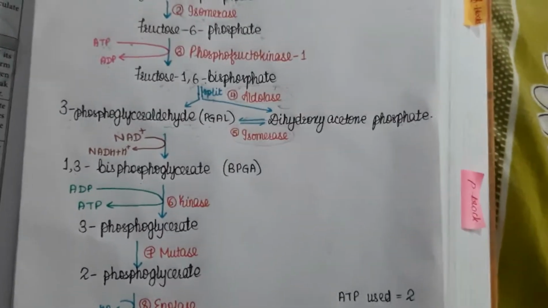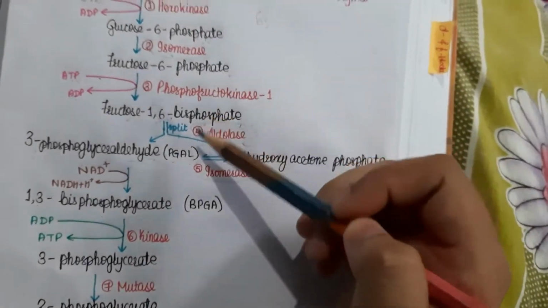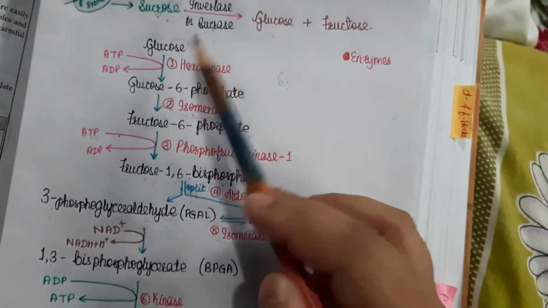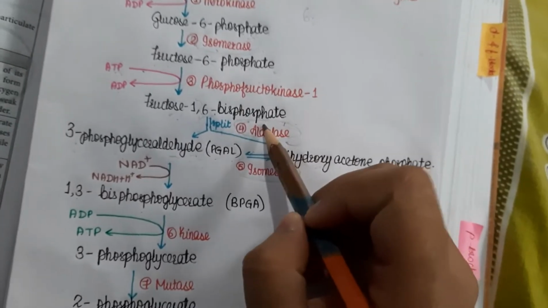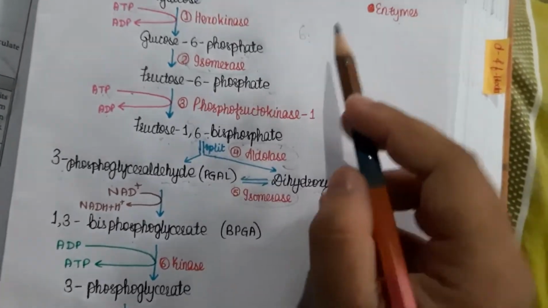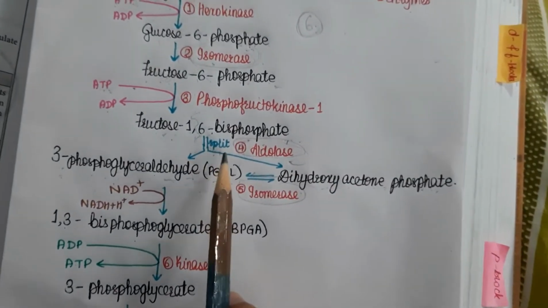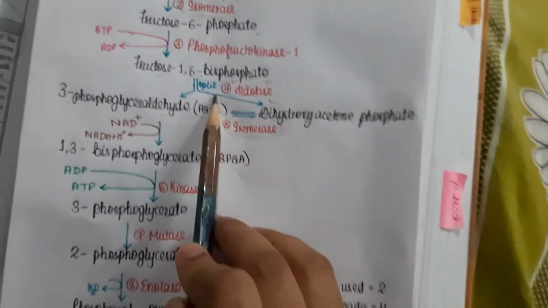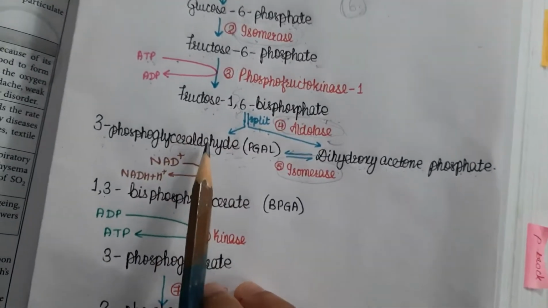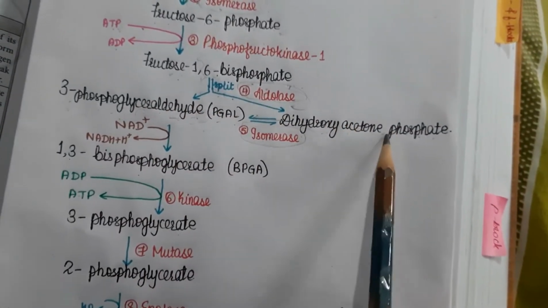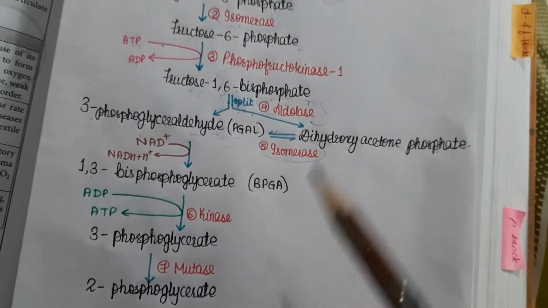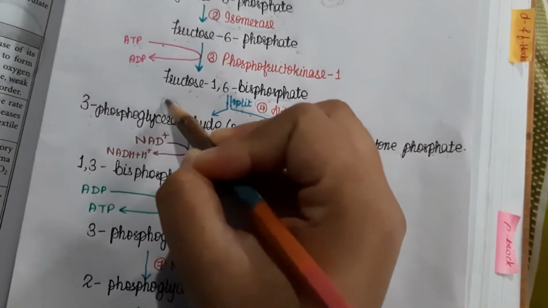So till here, from glucose to fructose 1,6 bisphosphate, it was a 6 carbon compound, but when it got split up into 3-phosphoglyceraldehyde and dihydroxyacetone phosphate, they became 3 carbon compounds.